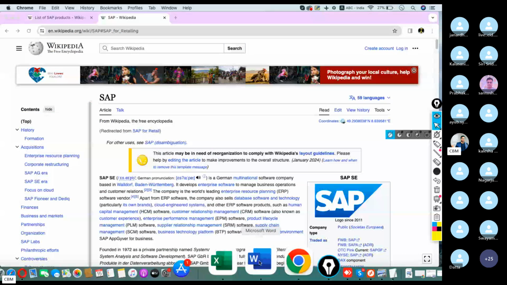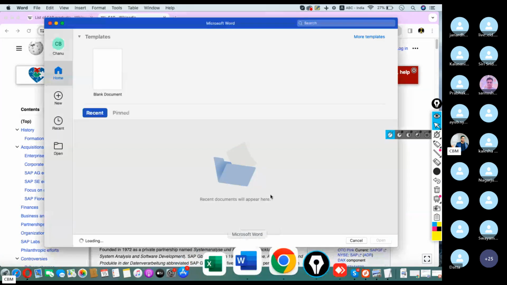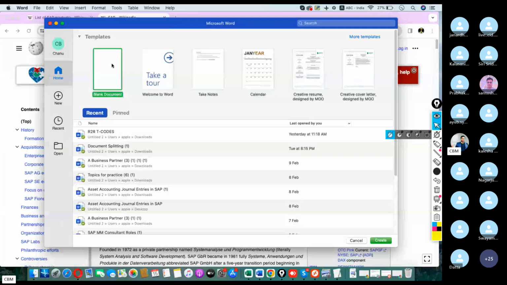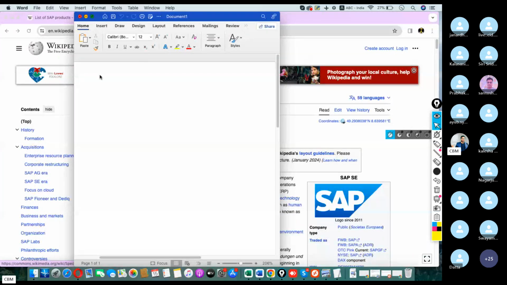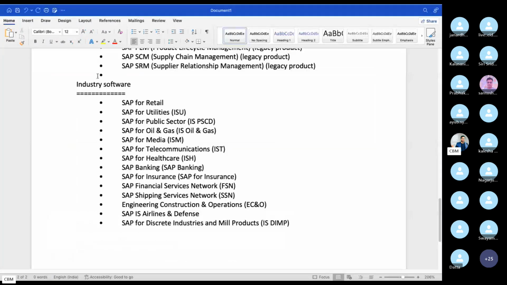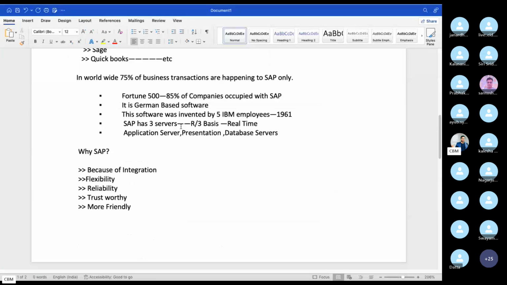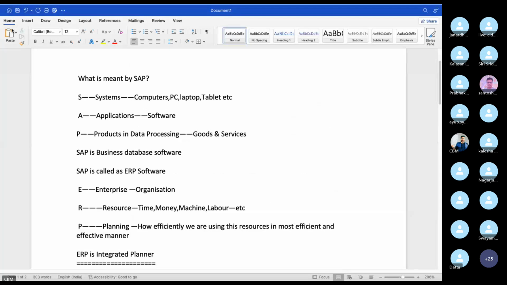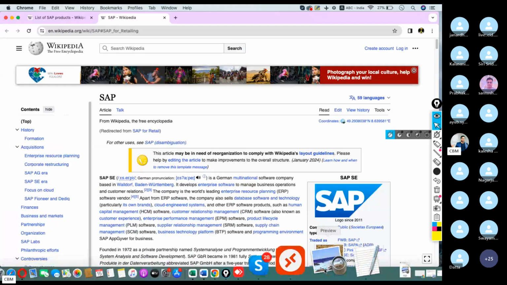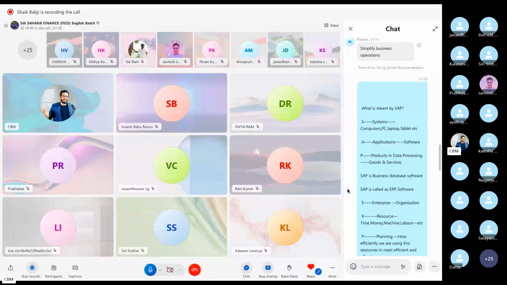Paste it and put the name Day One. Got my point? Just open up a Word file, expand this, paste it over here, and save this as the Day One class. This is the demo session for everyone.